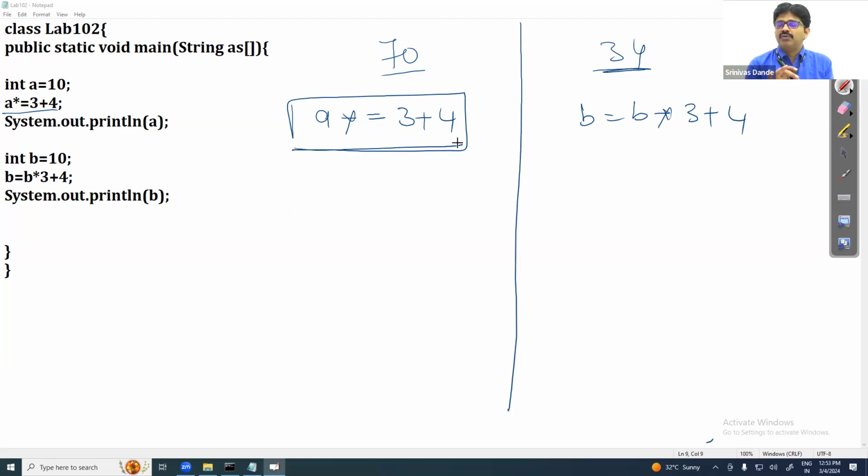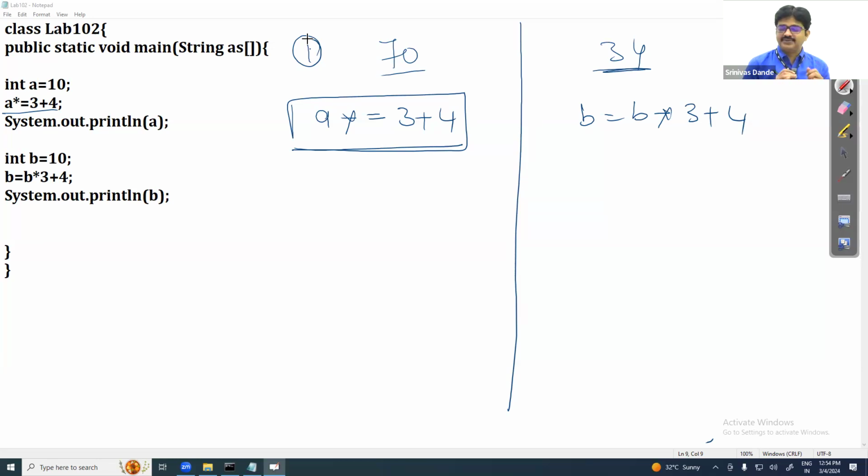I am talking about case 1. How many operators are used? Pavitra, check it again.